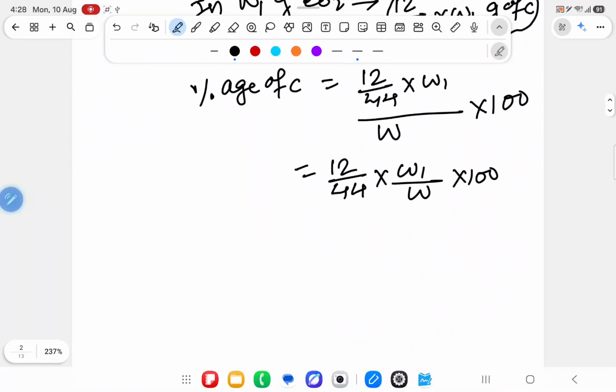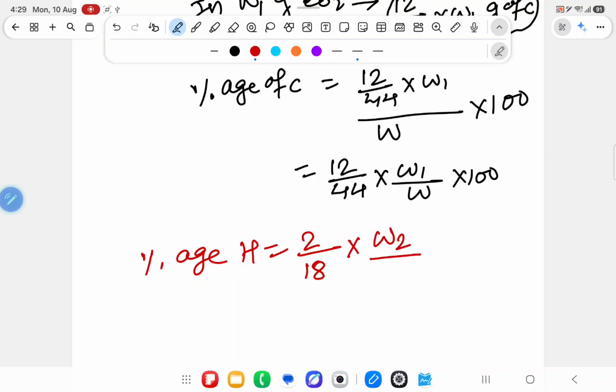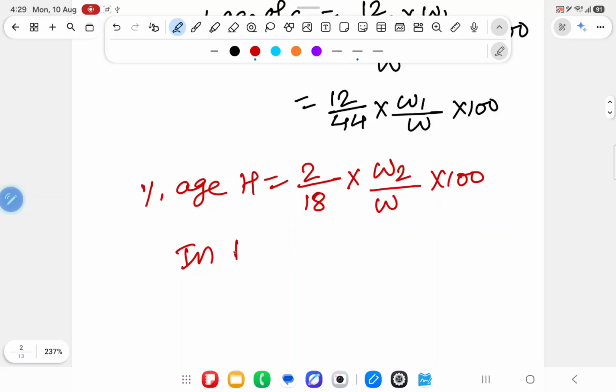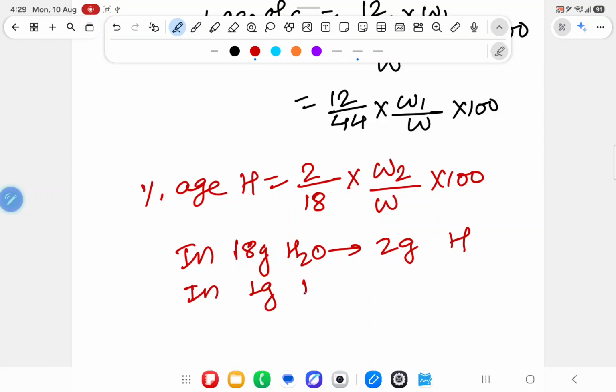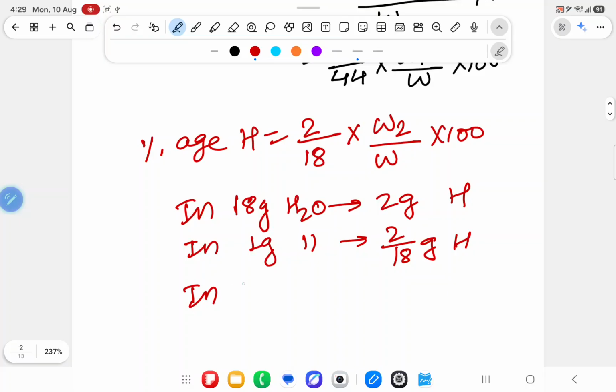Similarly, if we have to find the percentage of hydrogen, what will you say? Weight of hydrogen 2 gram, molecular weight of water 18 gram, into W2, the given weight of water, upon W into 100. Same logic: in 18 gram H2O, 2 gram hydrogen, so in 1 gram H2O, 2 by 18 gram hydrogen, so in W2 gram H2O, 2 by 18 into W2 gram hydrogen.